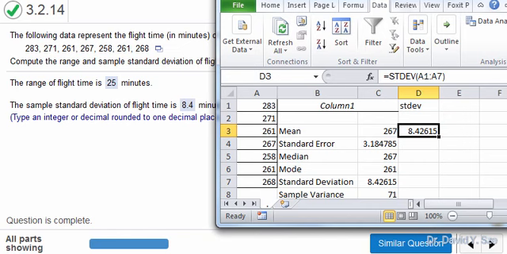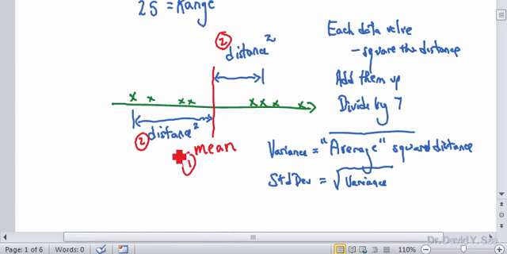If we go back to our picture real quickly, what that means is the distance from the mean to the data values is roughly the standard deviation, the average distance.